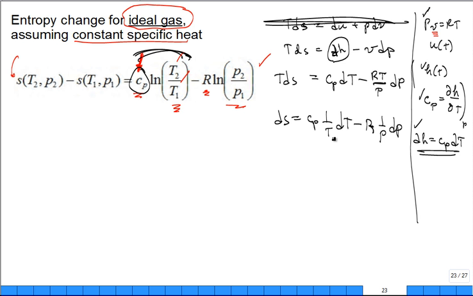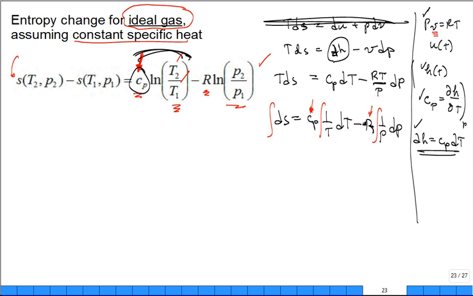You're there already. Can you see it? Now you do the integral. The specific heat comes outside. Why does the R come outside? It's the gas constant. It's in the name. Constant. It's not a function of pressure. I put that on a first exam.